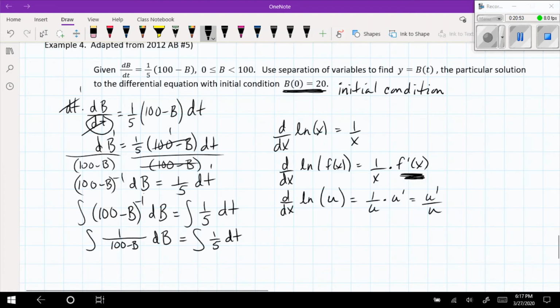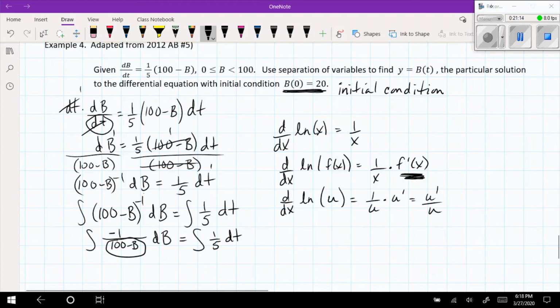So I'm hoping, just like I did in the last one, that when I look at this denominator here, this 100 minus b, you take the derivative of 100 minus b, and you think to yourself, it's too bad that the numerator doesn't say -1 right here.